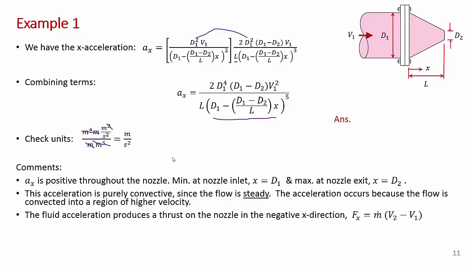Since the flow is steady, there's no local acceleration. And the acceleration occurs because the flow is being convected into a region of higher velocity. And just as an aside, we saw in the previous chapter where we were calculating forces from impulse momentum that the acceleration of the fluid through a nozzle actually produces a thrust on the nozzle in the negative x direction.